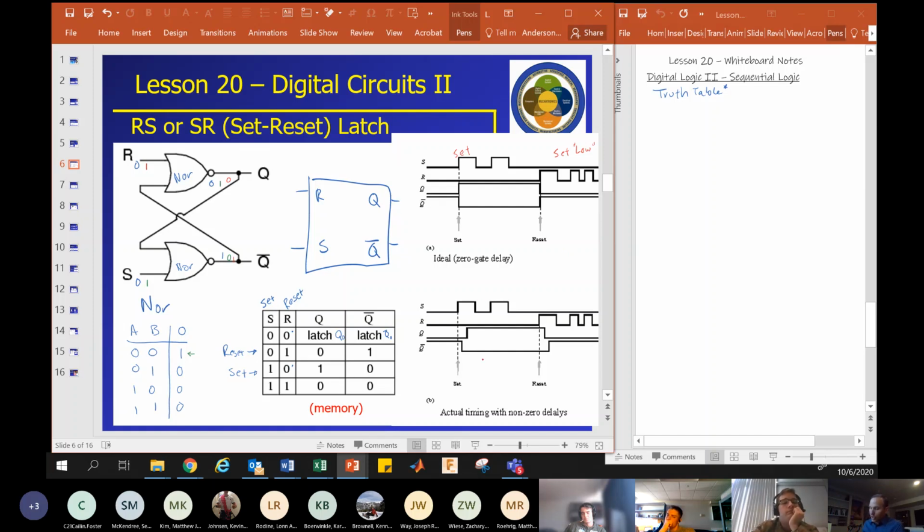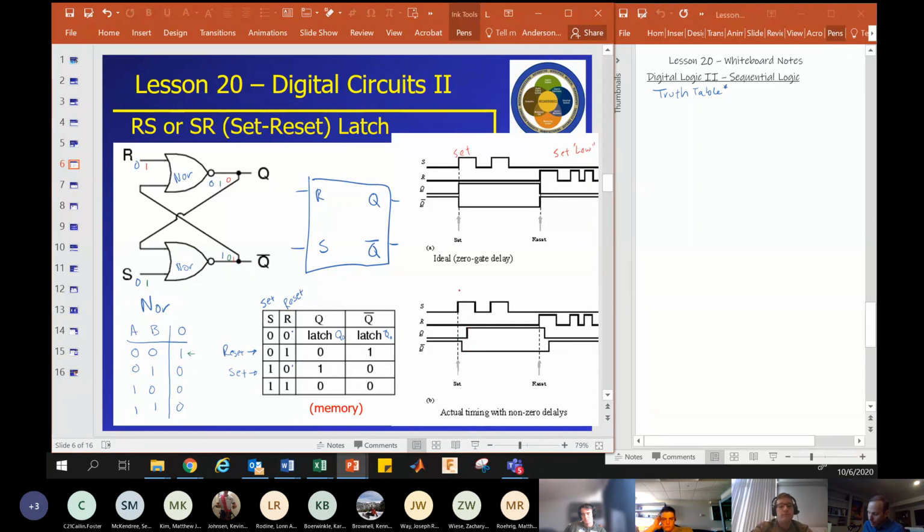The lower figure is showing what would happen more realistically, which is that it takes some time for these changes to propagate through the device. So when we get the set command, Q naught doesn't instantly change. It takes a little bit of a delay before it changes. So it goes low, and then it has to go low before Q can go high.